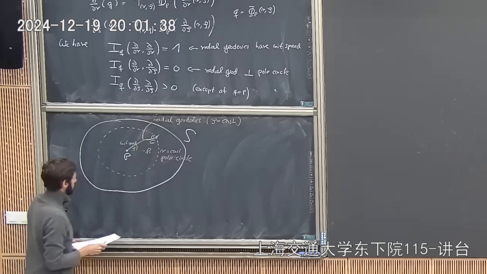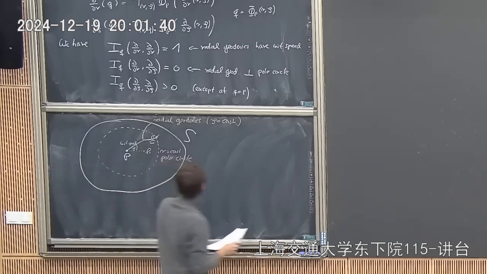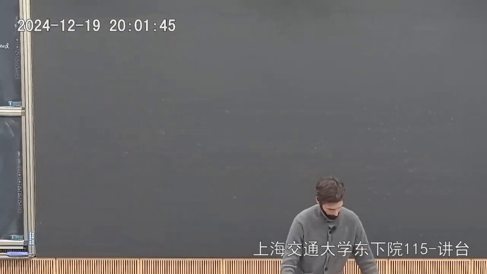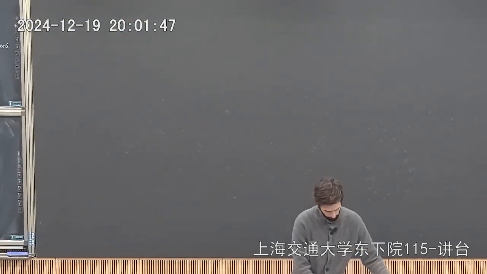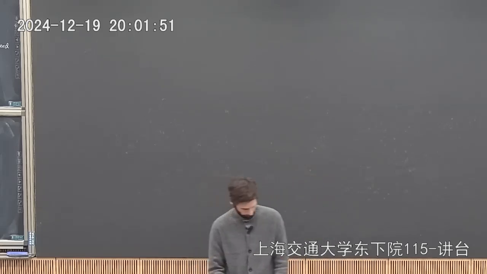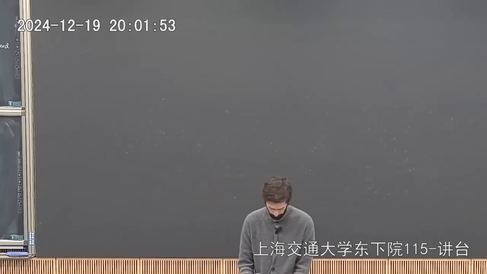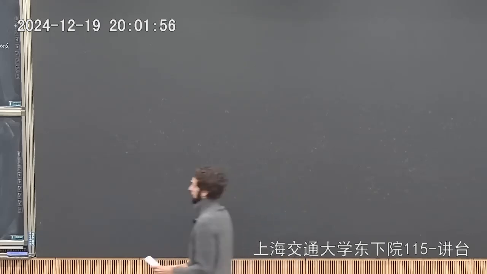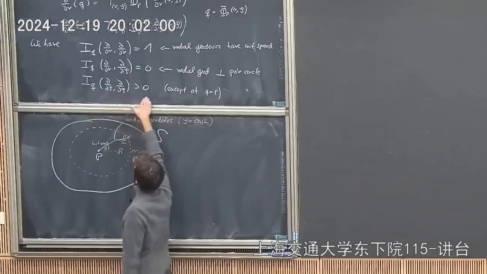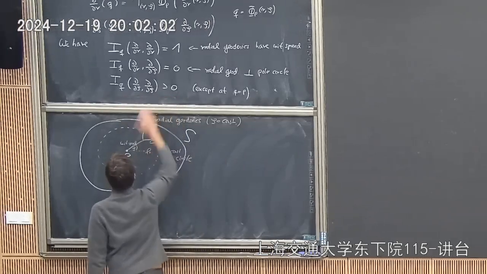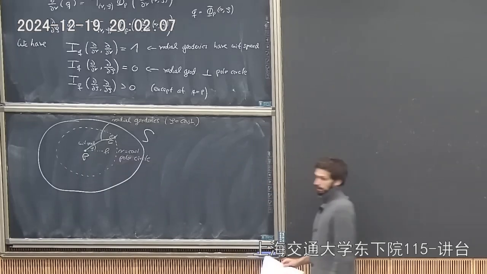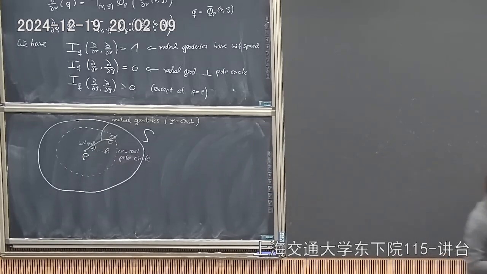So that's the setting. So what we see is this one function, the norm of d/dphi, is essentially the only interesting function that we have in this case.